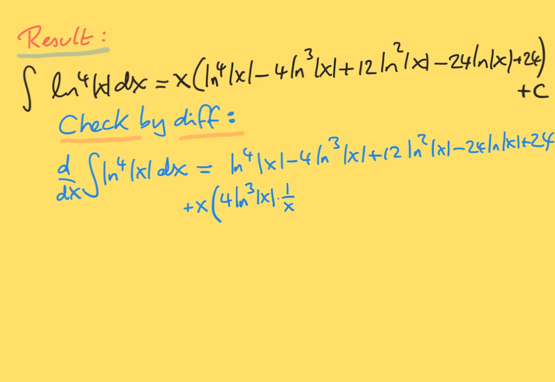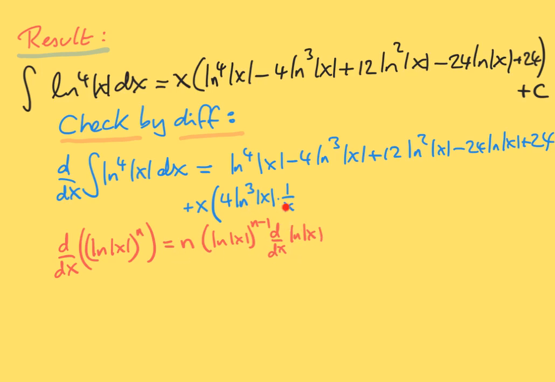So just to be very careful, let me show you exactly what we're doing. D by dx of log of x to the n, in this case I did it for 4, is n pulled in front. We have log of x to the n minus 1, and then we multiply by the derivative of log of x, because that is what was in the inner brackets, and that is 1 over x.